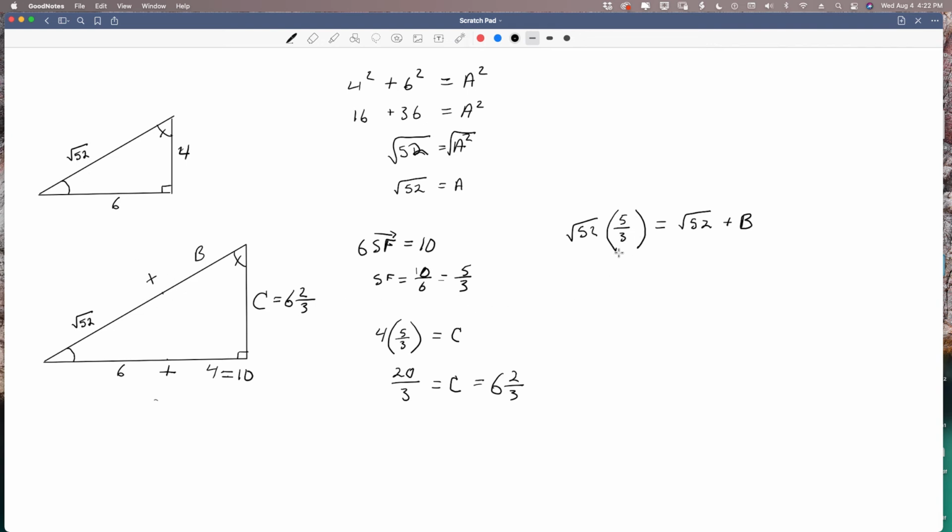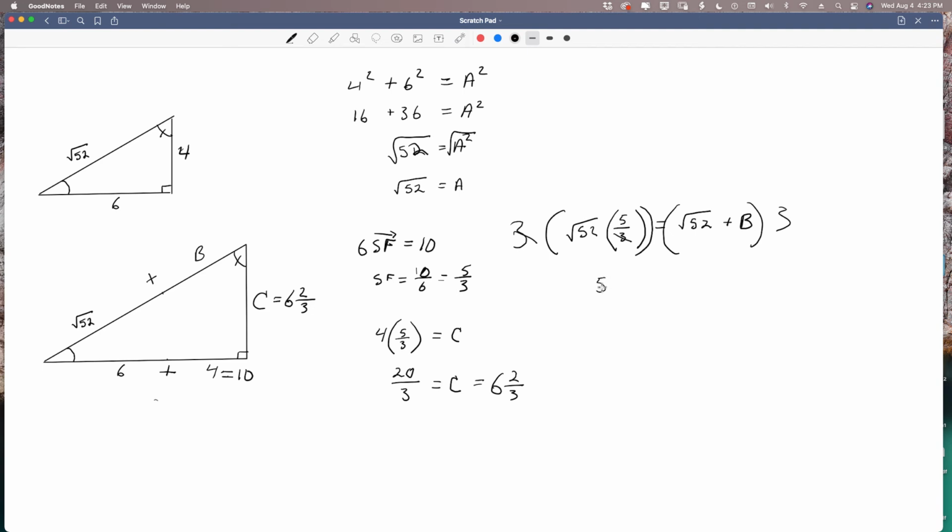So now let's do our multiplication. So we have a fraction here. Let's multiply both sides by 3 so we can get rid of this fraction. So if we take this and multiply it by 3, and we take this and we multiply it by 3, let's distribute 52 times 5 divided by 3. The 3's will cancel.